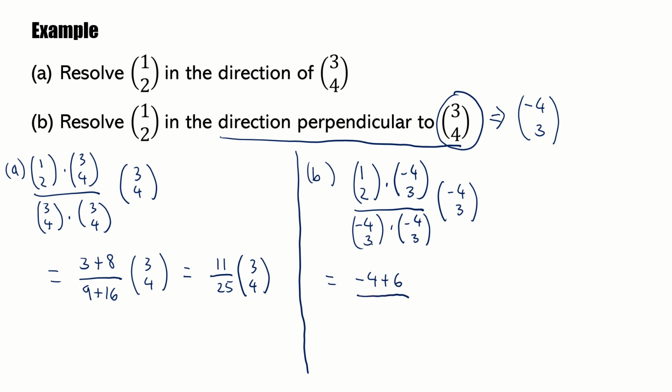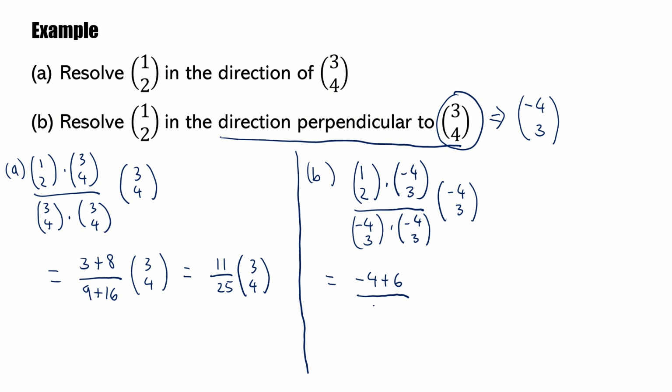And here's the interesting thing about the bottom. Although you could manually work out what the bottom of this fraction is again using these two vectors of minus 4, 3, minus 4, 3, although these are a different vector to what we had on the denominator previously, just because of the way the numbers work with 2D vectors, this perpendicular vector we've now got dotted with itself will come to the same result as the vector we had before dotted with itself.